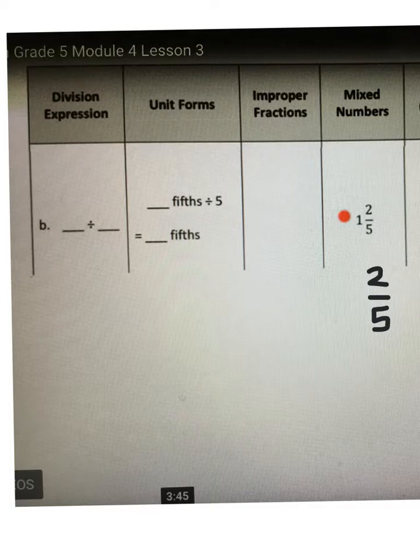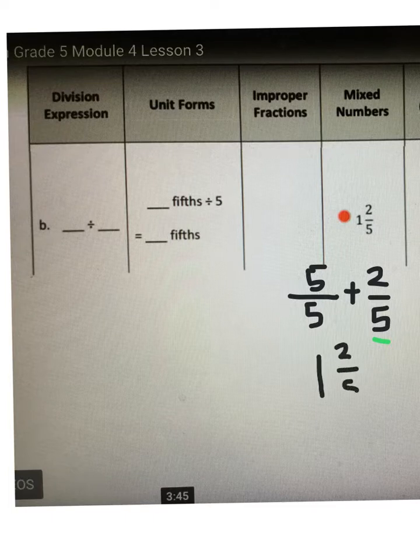Remember, a whole number is the same number on the top with the same number on the bottom. So what's our denominator here? It's going to be a 5. So what number do we need on top to have a whole number? It's going to be a 5. So it's 5/5 plus 2/5, and that is the same thing as 1 and 2/5.